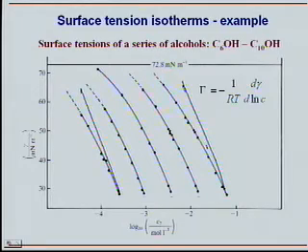You can see that actually the slope slightly decreases in this transition from C10 to C6. I'm just going to put 6 here. The reason for that is because you have lower surfactant activity. The adsorption is not that high.